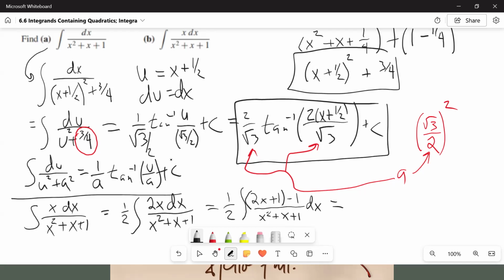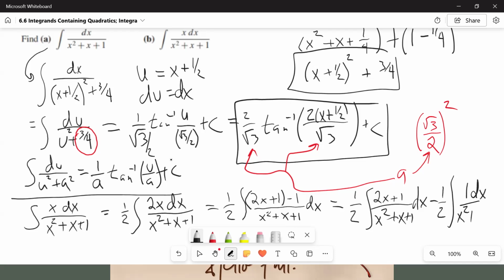Then I still have that minus 1. But since it's all over the same denominator, I can split this integral into the sum of two integrals, but rewrite it with subtraction. So let me show you what I'm talking about. It'd be the integral of 2x plus 1 over x squared plus x plus 1 dx minus 1/2 integral of 1 dx over x squared plus x plus 1.